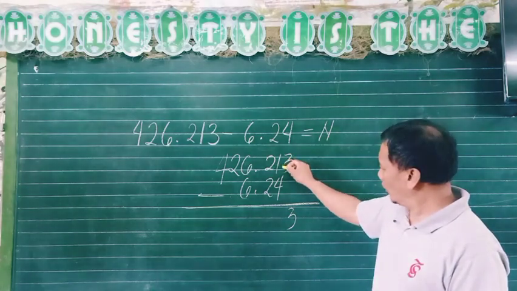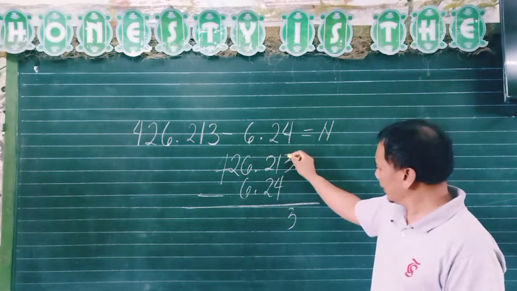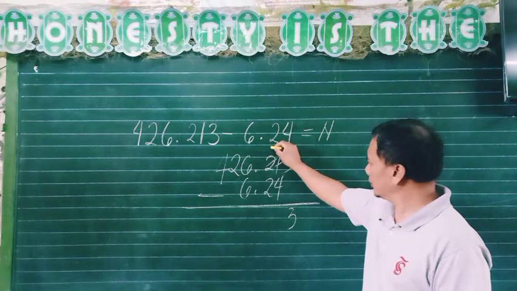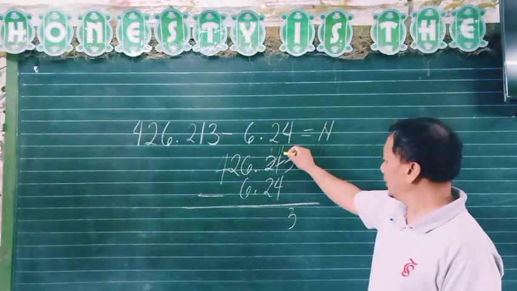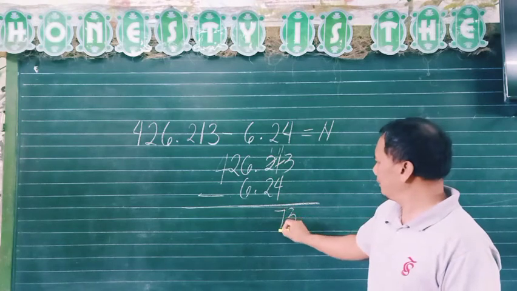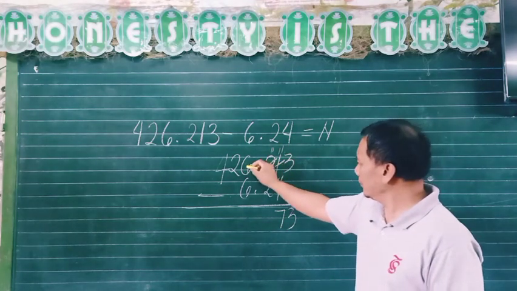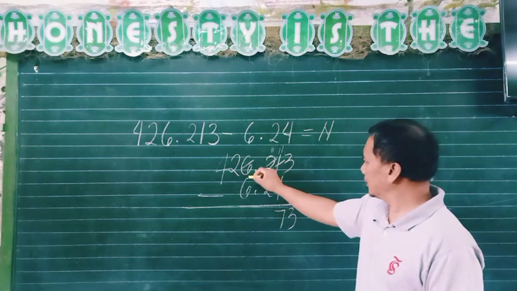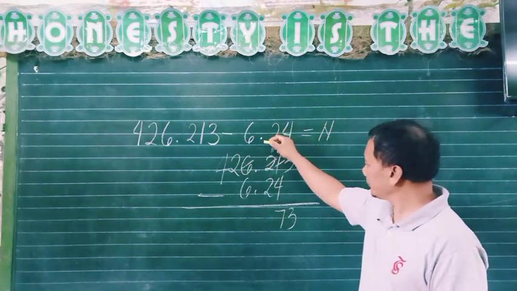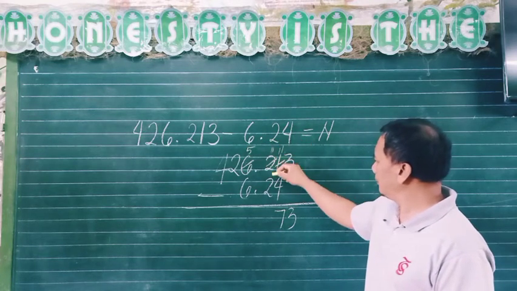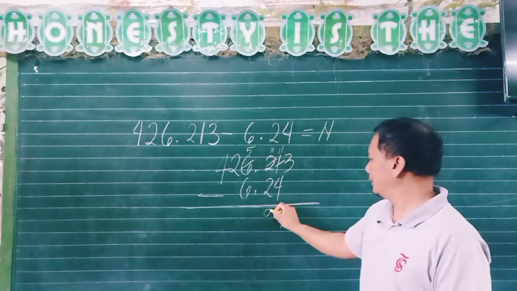Here, 1 minus 4, it cannot be. So you rename 1 as 11 by borrowing 1 from 2. So this will become 1. So 11 minus 4 equals 7. 1 minus 2, it cannot be again. You borrow 1 from the whole number 6, or from the ones. This will become 5. This will become 11. 11 minus 2 equals 9.